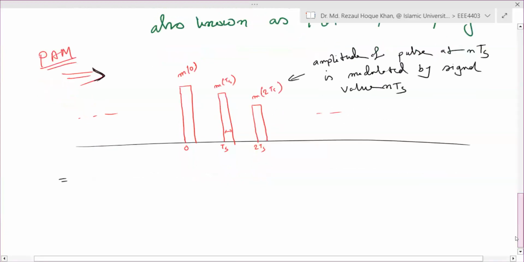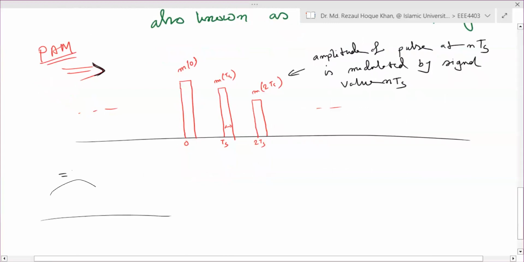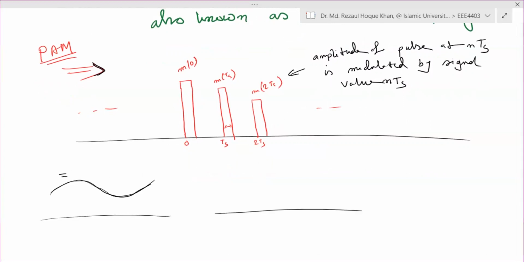So this is nothing but that: you had a signal, and you had a train of fixed unit amplitude pulses.